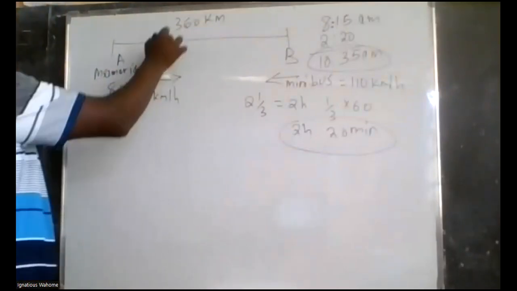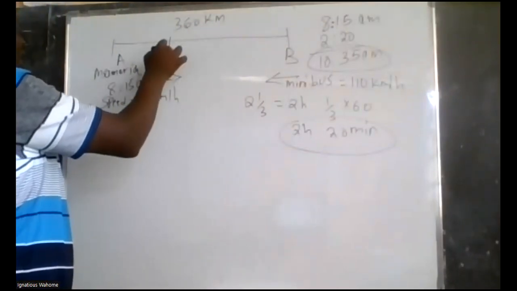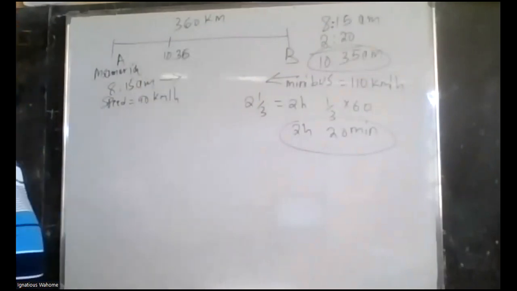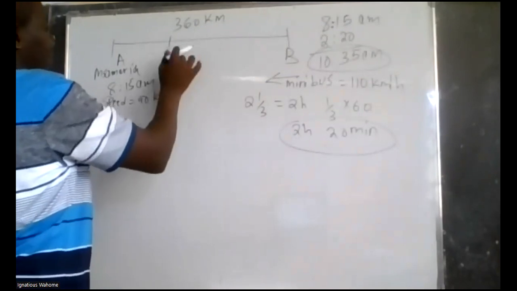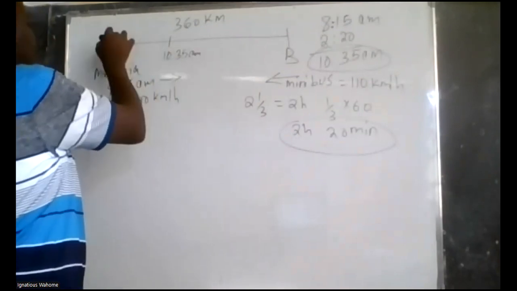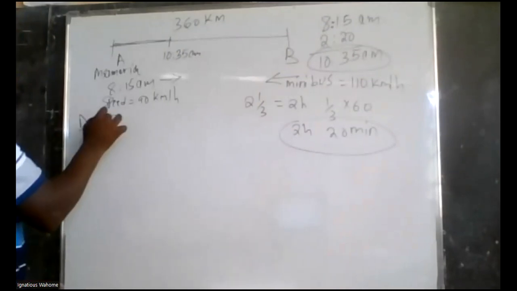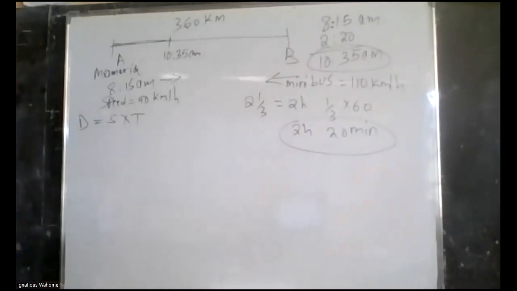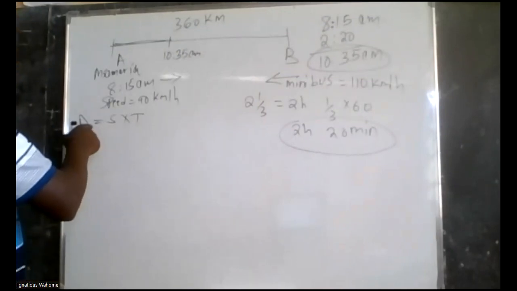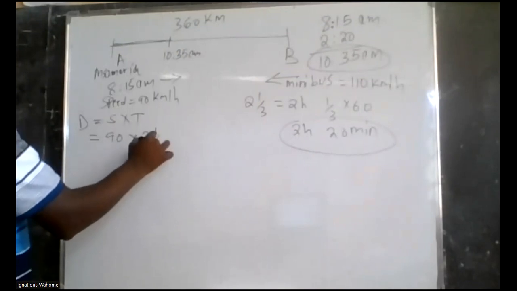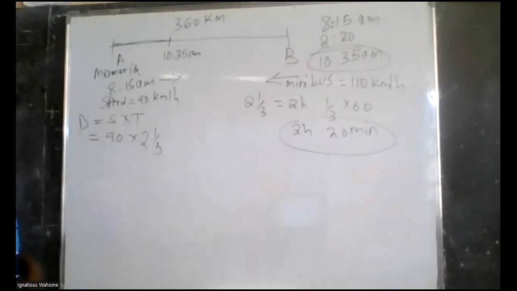And what distance had Mr. Maria covered by 10:35 a.m.? Distance is equal to speed times time. The speed of this one was 90, and it took 2.5 hours, because that's what the examiner is saying.